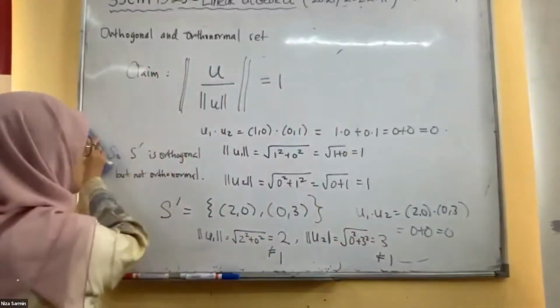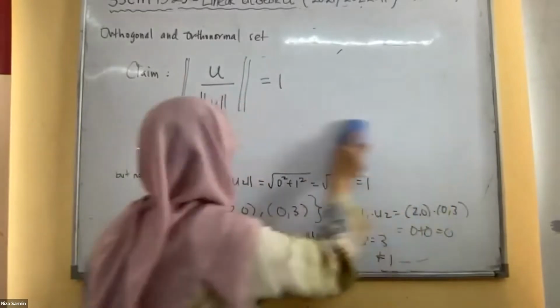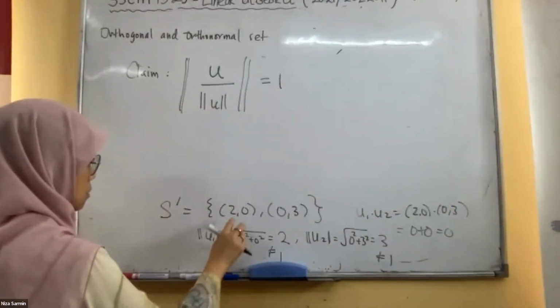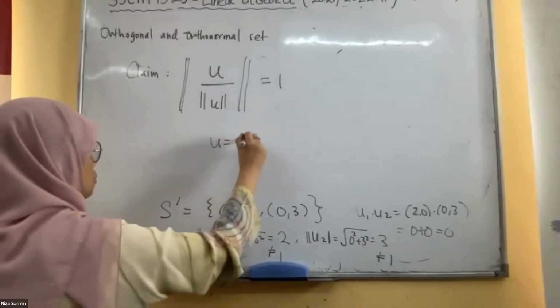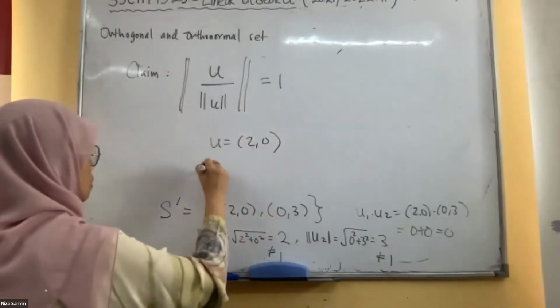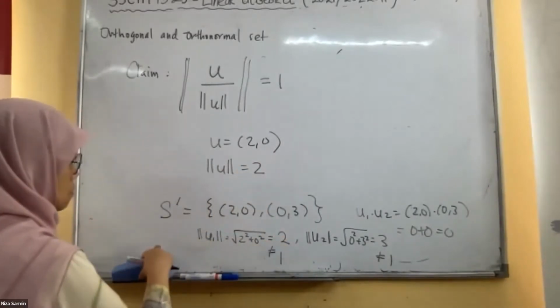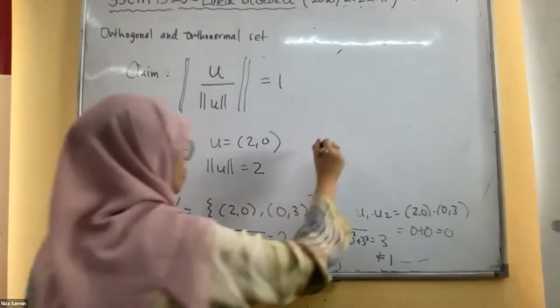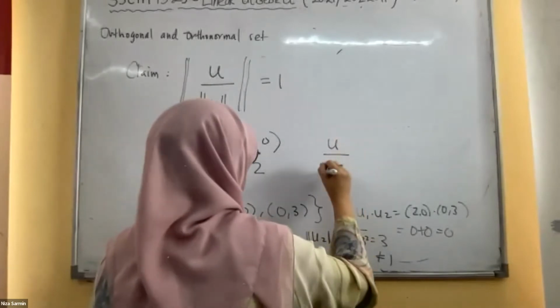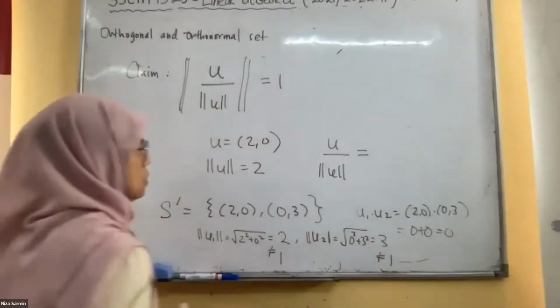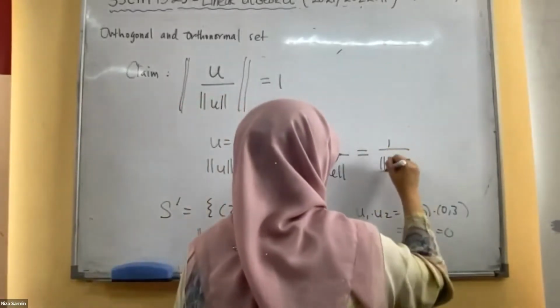So, for example, this one, U is 2, 0. The norm is 2. So you divide U by the norm, or you can write it like this.